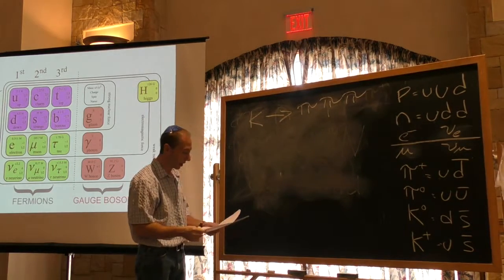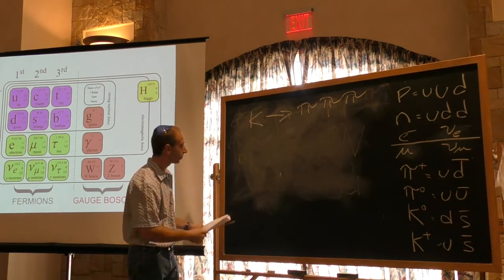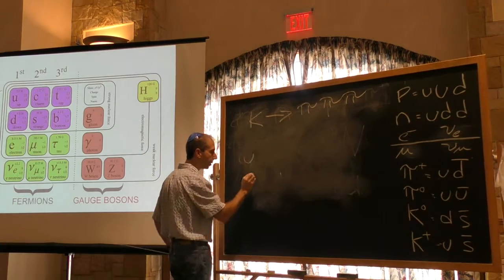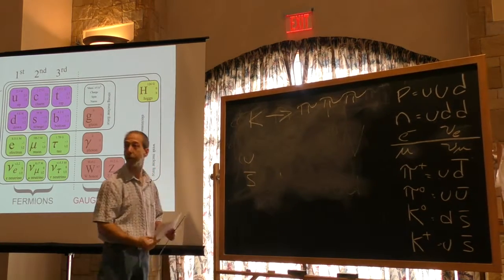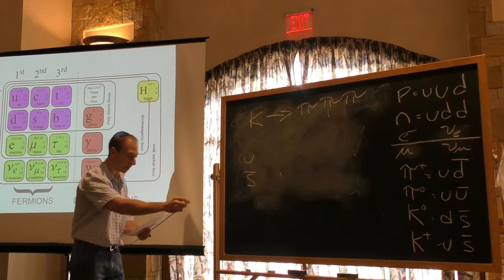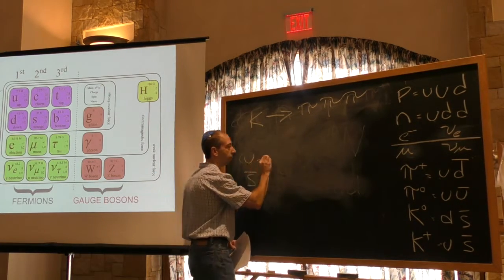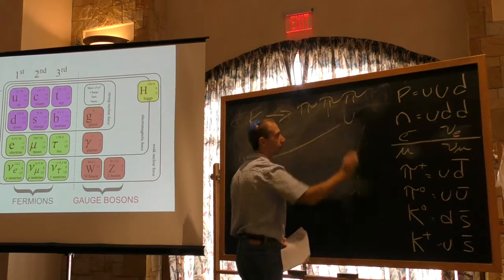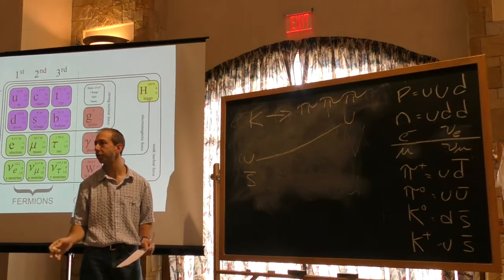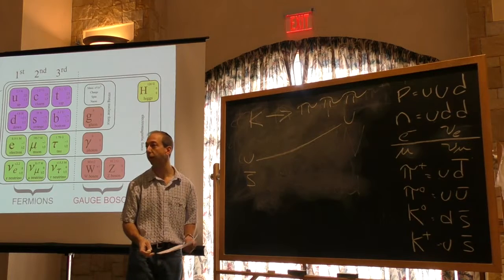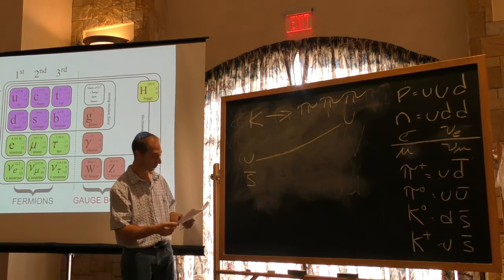What's happening in that case is the kaon, this particular kaon I'm going to use, is an up and an anti-strange. The up, I'm just going to draw, goes from here to there, nothing changes. It's called the spectator quark. It's going to sit there and watch.